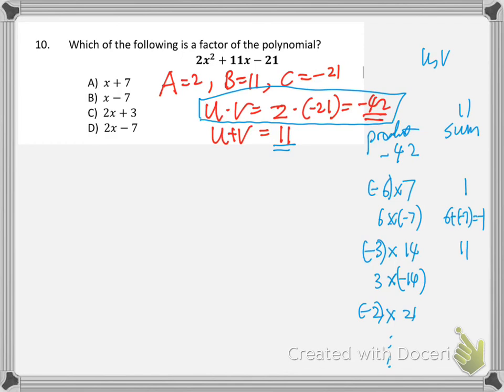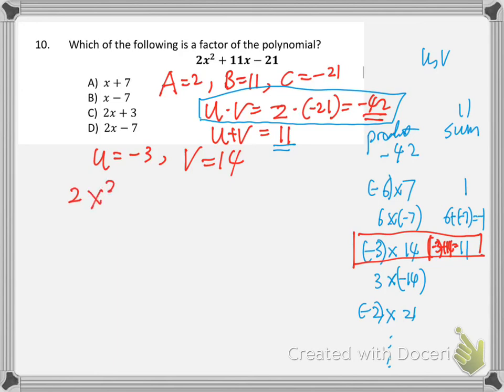So this is our answer for U and V. Negative 3 plus 14 is 11. So U is negative 3, V is 14. So first we find U and V.